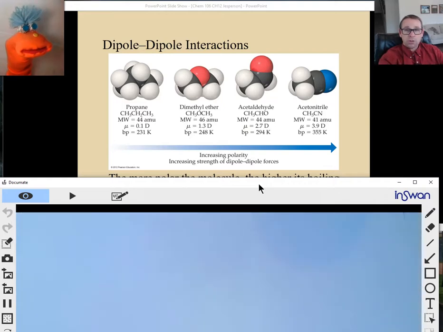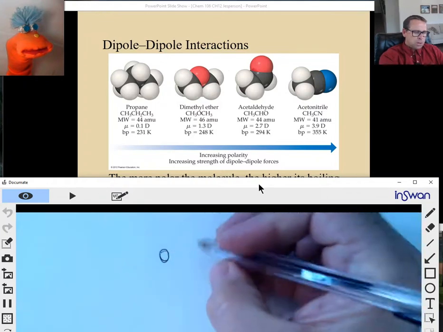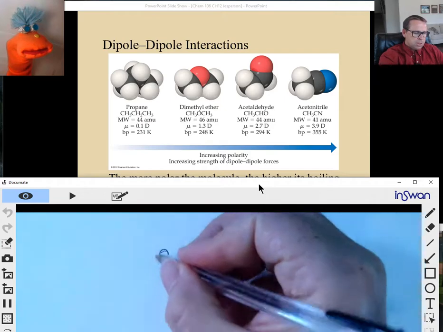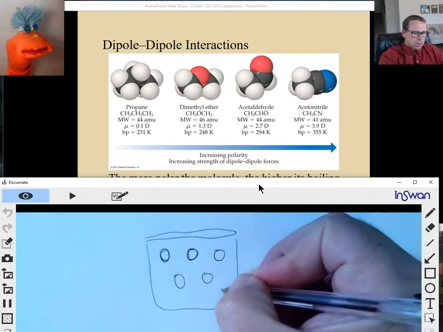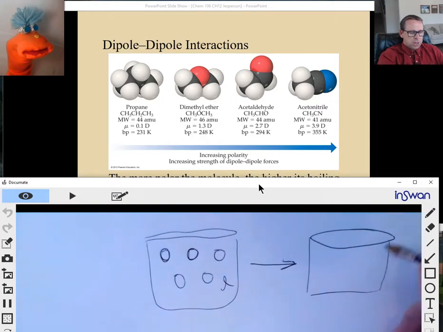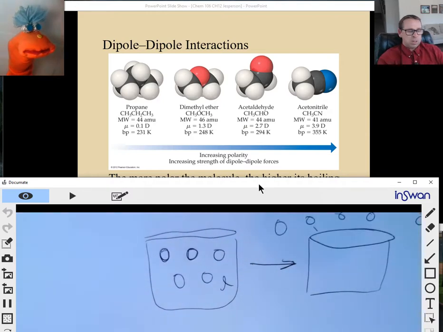if you're trying to convert it to a gas, is, so here is my molecule, and here's another molecule, some neighboring molecules. This is a liquid, and now I want these molecules to all jump away, fly away, and become gaseous.